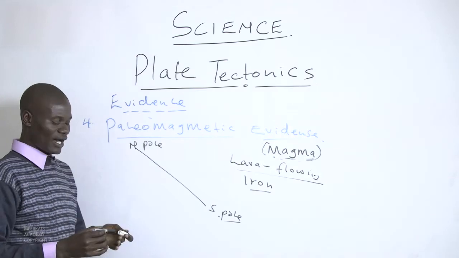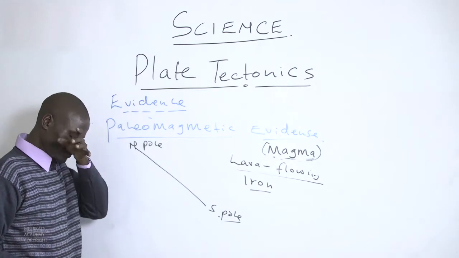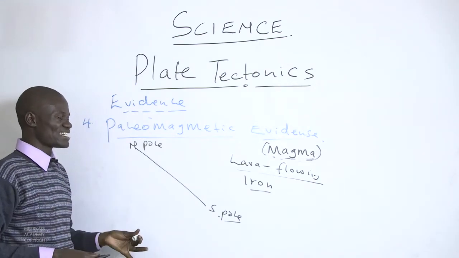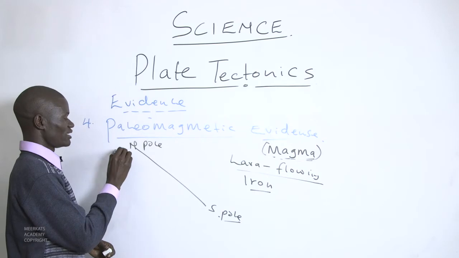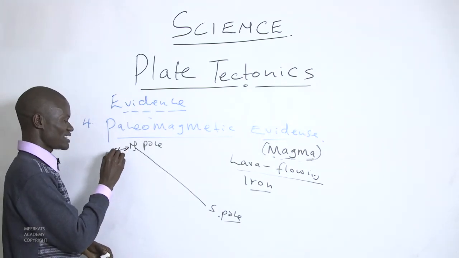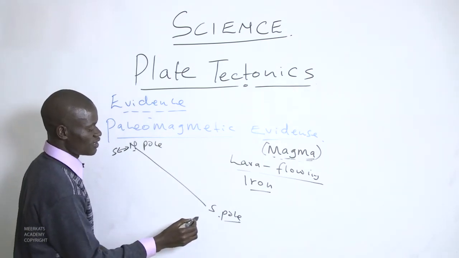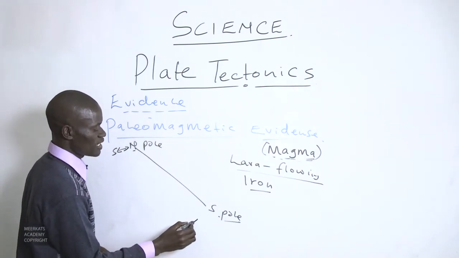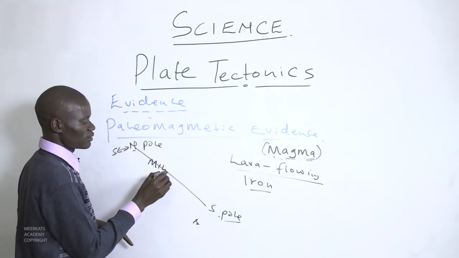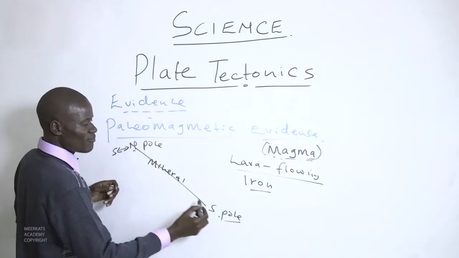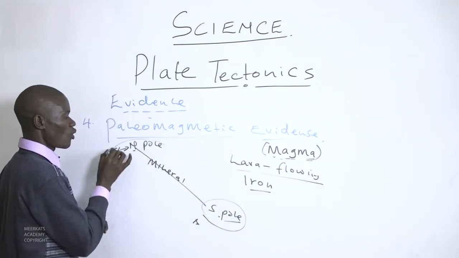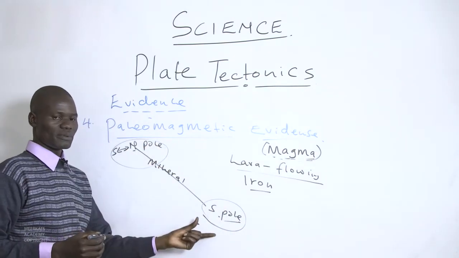Therefore, when you have a magnet, for example, and throw it up, it will always come and align itself. You know, the idea of South Pole and North Pole attracting each other. The minerals, especially iron, have been found aligning themselves to the magnetic field of both North Pole and South Pole.